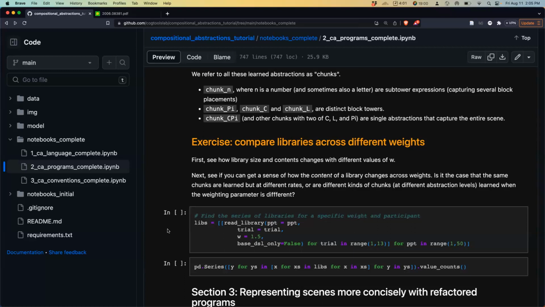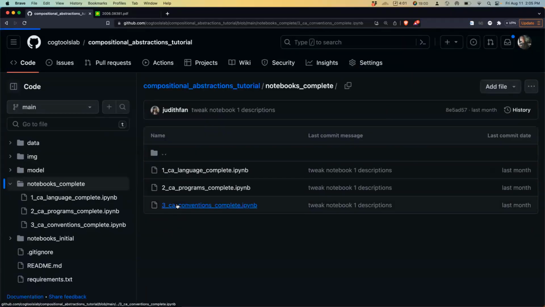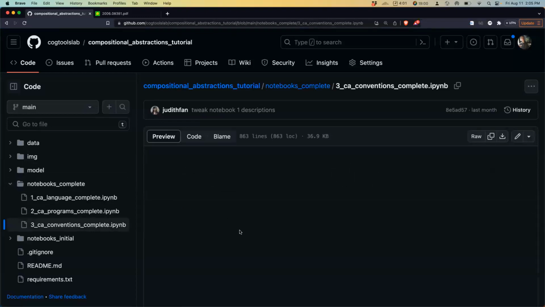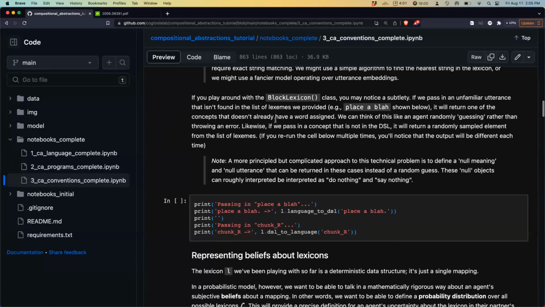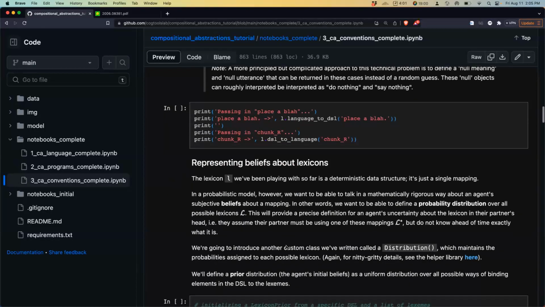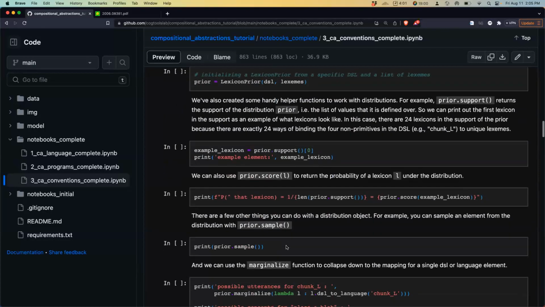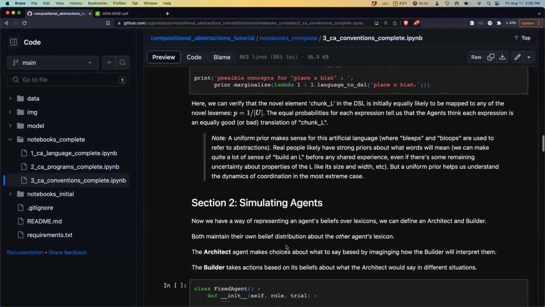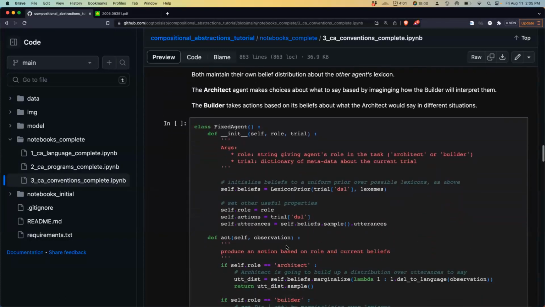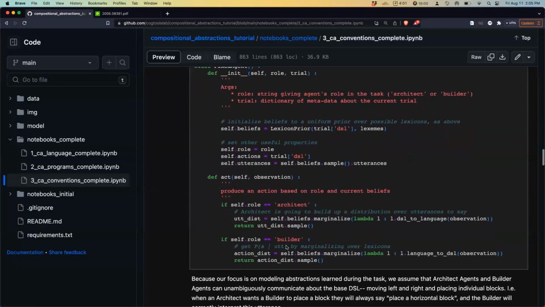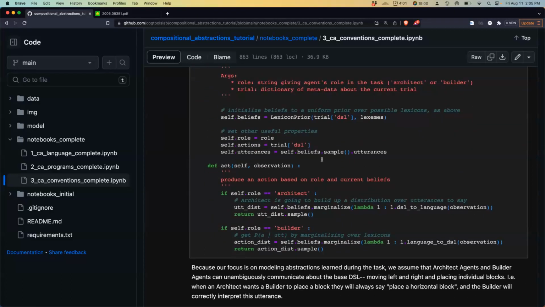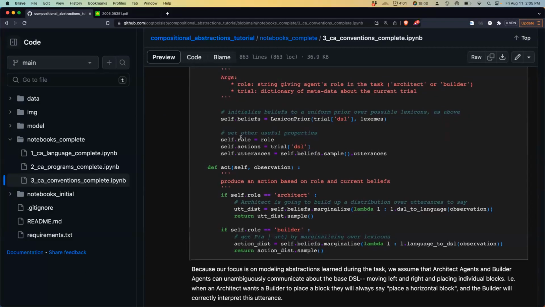So the last thing I wanted to show you was an implementation of this little communication model. You have these little lexicons that give you whether a particular utterance applies to a particular set of actions in this block world. And then you can write down these agents that have a role.